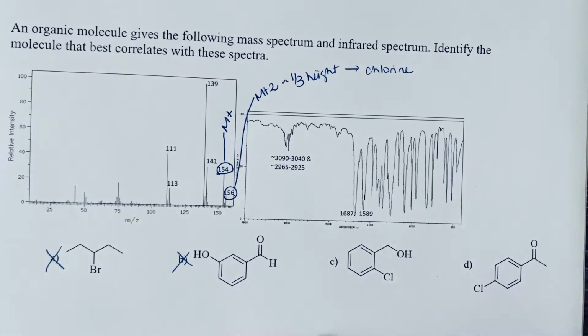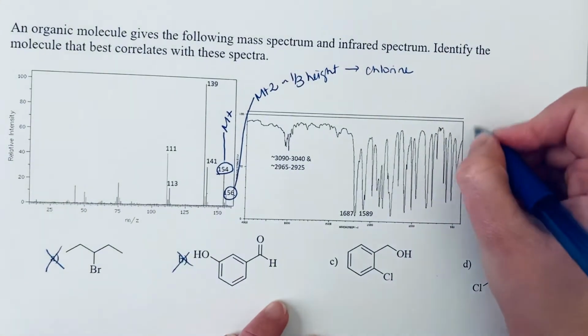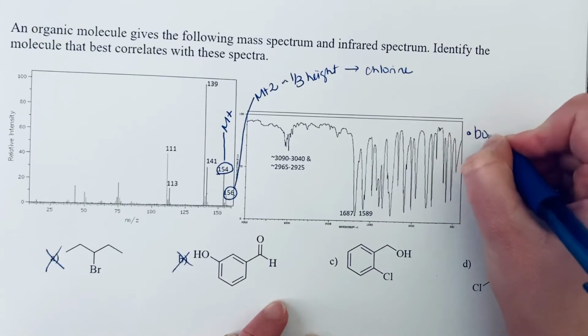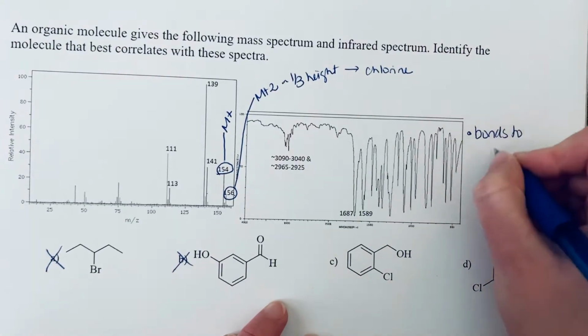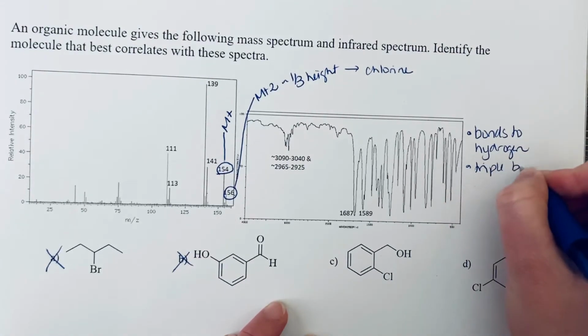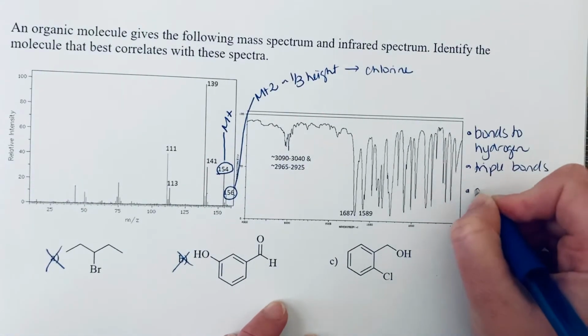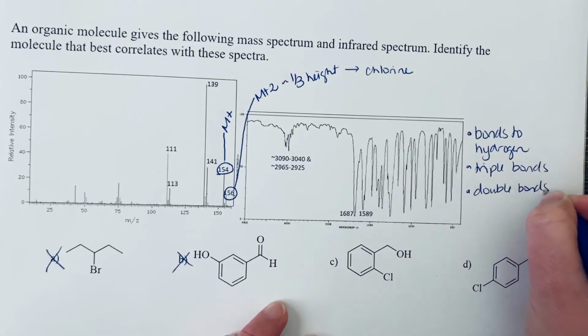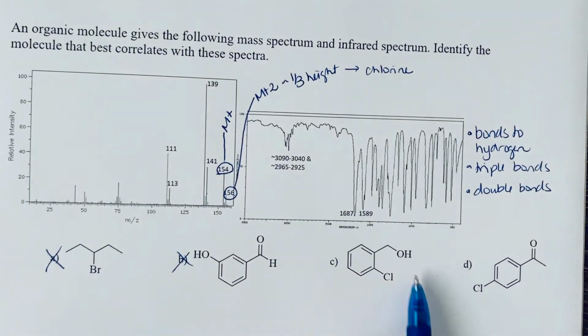So in your infrared spectrum, you have 3 general regions, and you can subdivide these further, but you can typically see your bonds to hydrogen. You can see triple bonds if you have any. And you can see double bonds. And so in the bonds to hydrogen for C, one thing that stands out to me is this OH, this alcohol group.